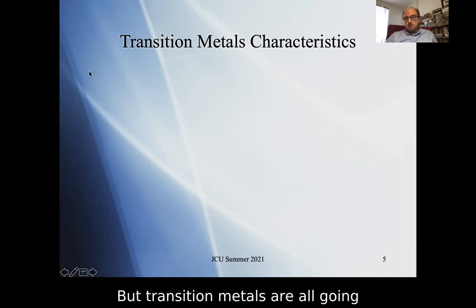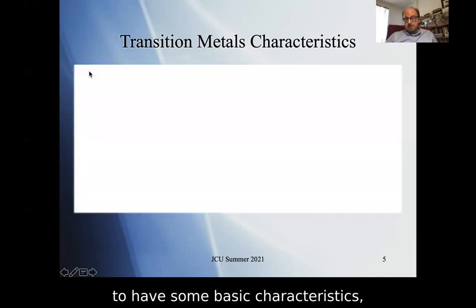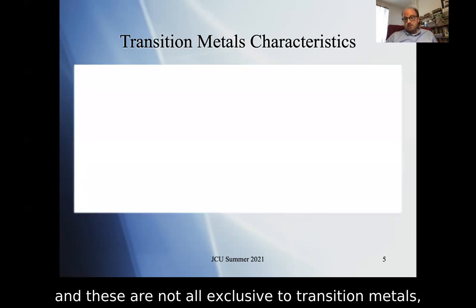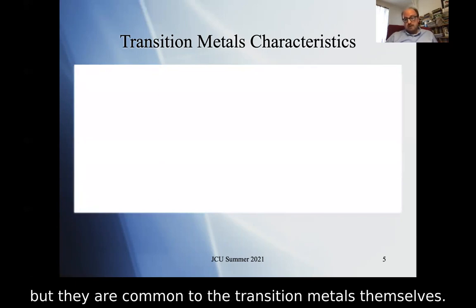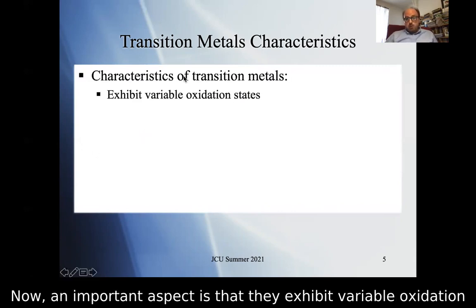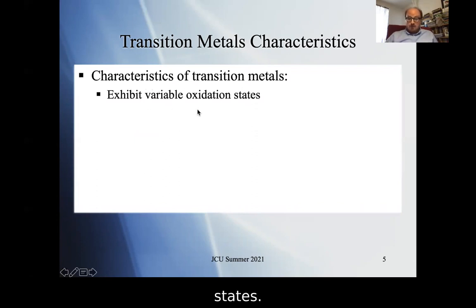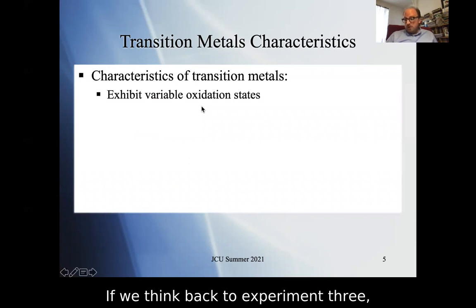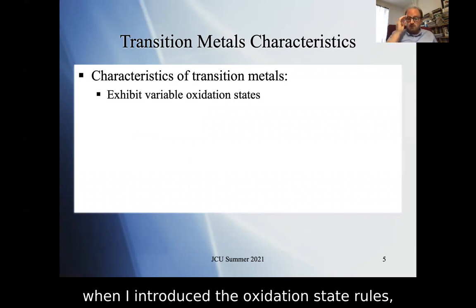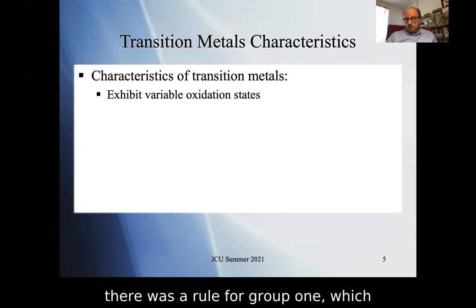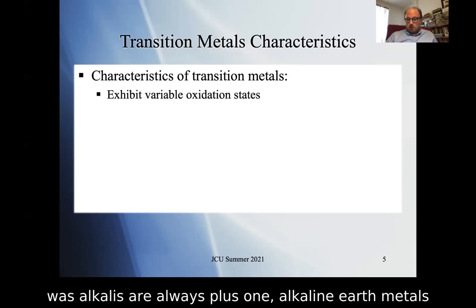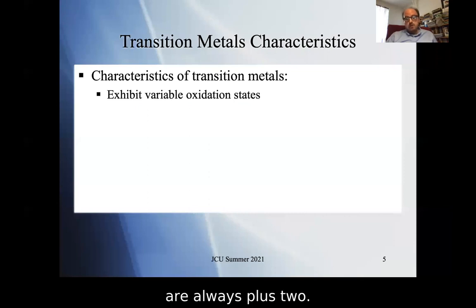But transition metals are all going to have some basic characteristics, and these are not all exclusive to transition metals, but they are common to the transition metals themselves. An important aspect is that they exhibit variable oxidation states. If we think back to experiment 3, when I introduced the oxidation state rules, there was a rule for group 1, which was alkalis are always +1, alkaline earth metals are always +2.